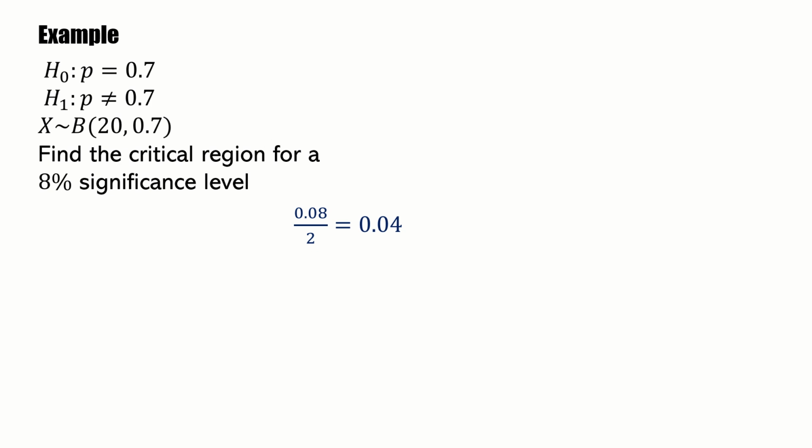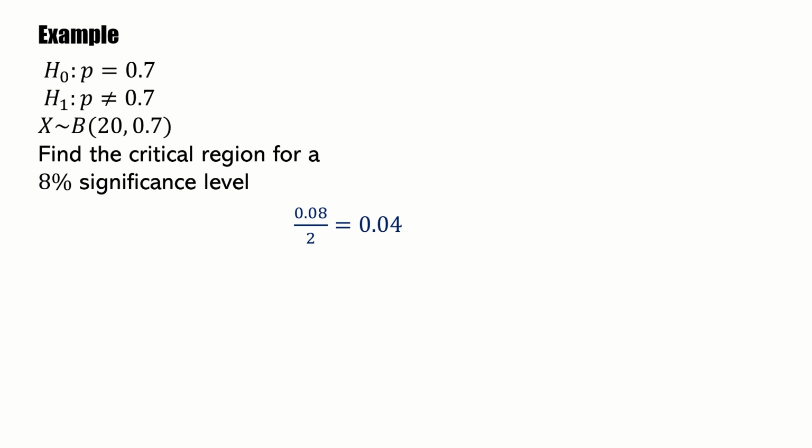That means we're going to do a lower tail test with a significance level of 0.04, and an upper tail test critical region, which also has a significance level of 0.04. Because these are skills we looked at in the last video, I'm not going to go through the individual steps so much. The lower tail is the probability of X less than or equal to something. I'm playing about with what is less than or equal to, so that the output probability ends up as close to 0.04 without going over.